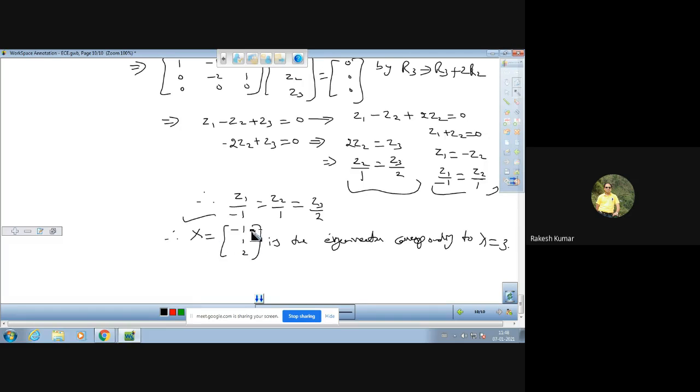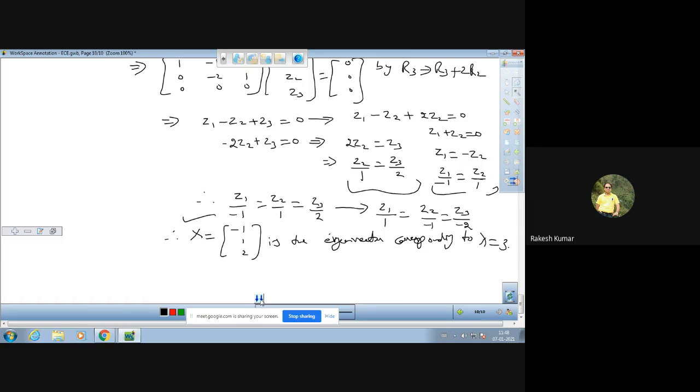And one more thing. Now, the question arises, if you multiply with minus 1, you will get a 1 here, you will get a minus 1 here, you will get minus 2 here.